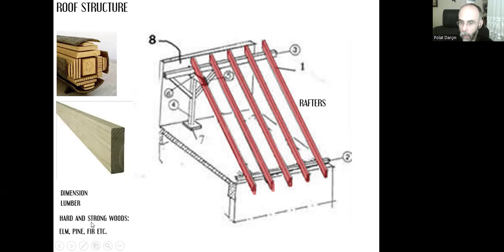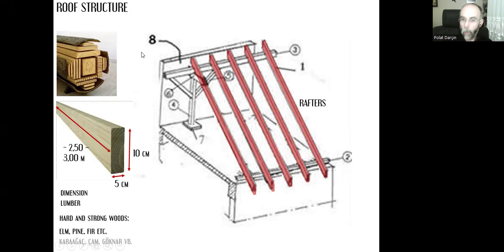It needs to be hard and strong wood, like elm, pine, fir, or Calabrian pine, and the other examples. And that size needs to be minimum 5 centimeter, and that size needs to be minimum 10 centimeter, and the length of the piece can be in between 2.5 meters up to 3 meters.